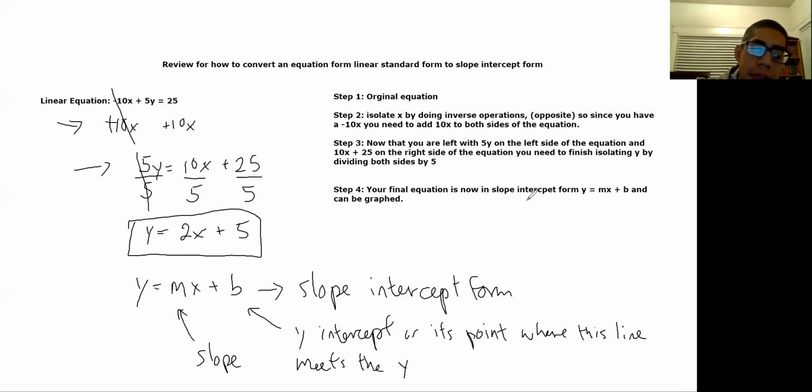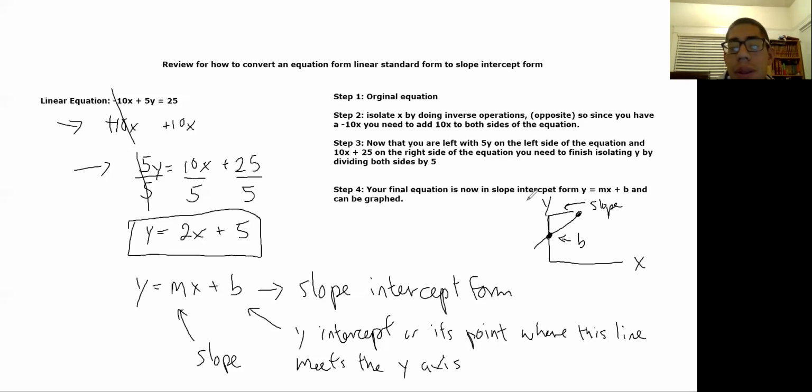the y-axis. What I mean by that is I'm just going to give you a quick example. The y-axis is here and the x-axis is here. If I have an equation like this, and the line that I graphed looks like this, the point right here where the line touches the y-axis is considered my B. And the slope is my rise over run.